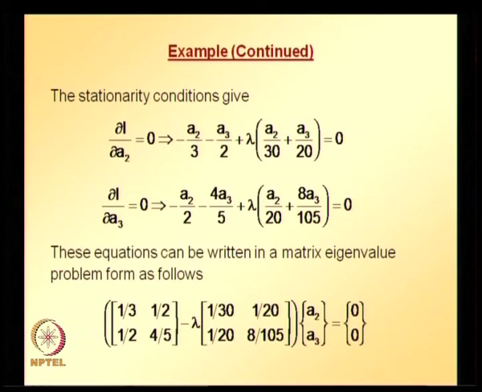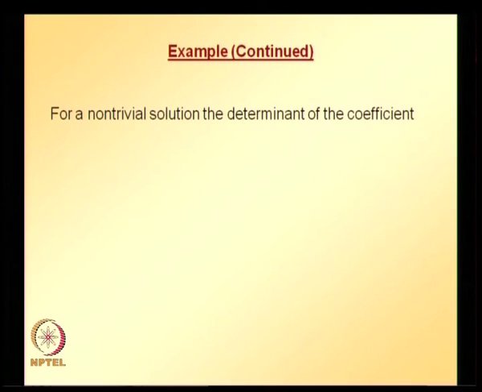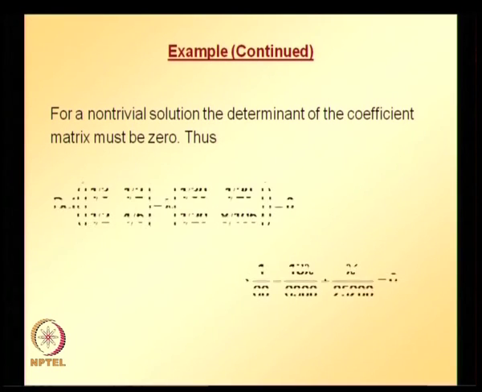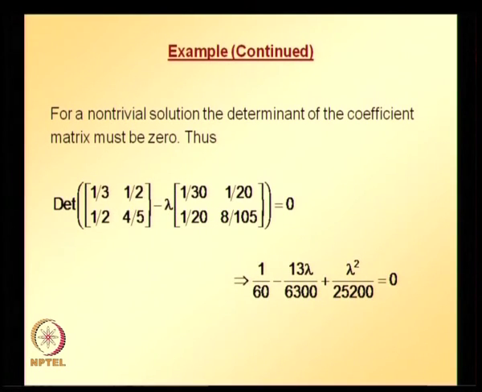If it is a 2 by 2 matrix system, you will get a characteristic equation of order 2, which when you solve gives 2 roots, and those roots give you the first and second eigenvalues of lambda, okay. So that is the condition we are going to apply here: for a non-trivial solution, the determinant of the coefficient matrix must be 0.